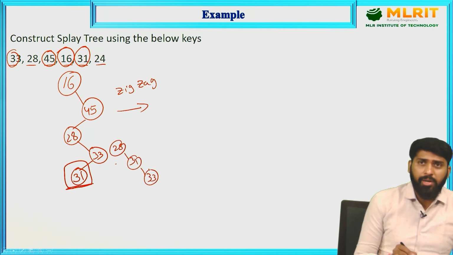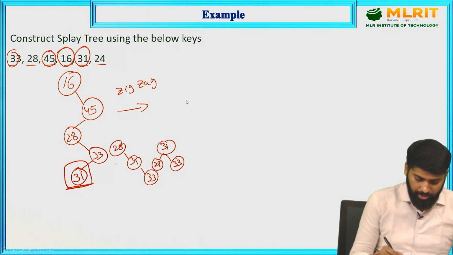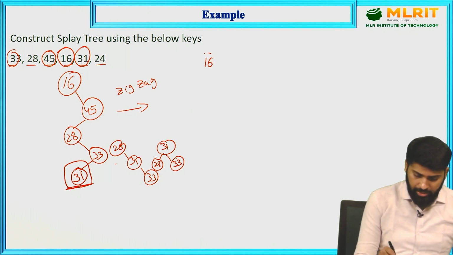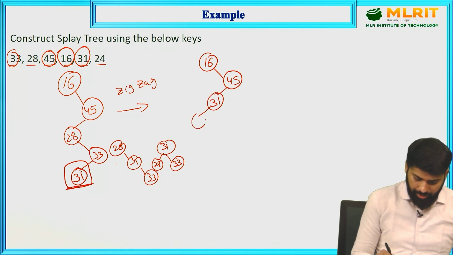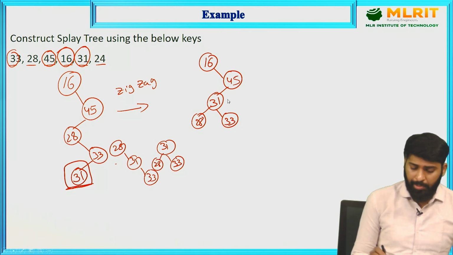Now, one left rotation, it becomes 31, 28, 33. So, the resultant tree is 16, 45, 31, 28, 33.